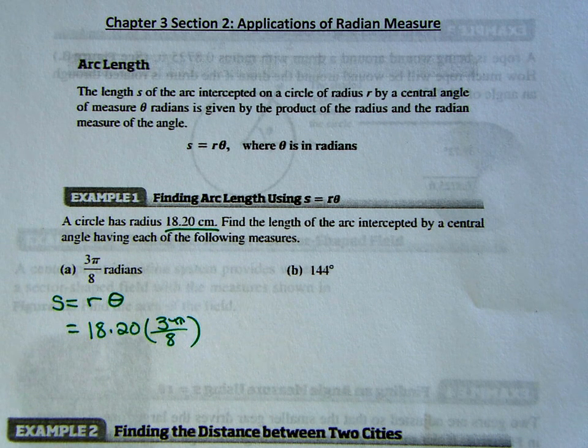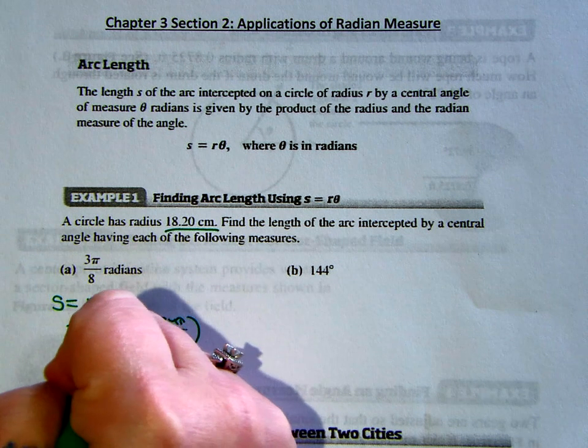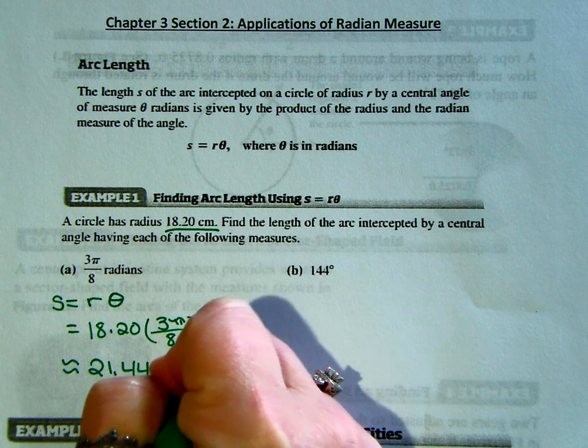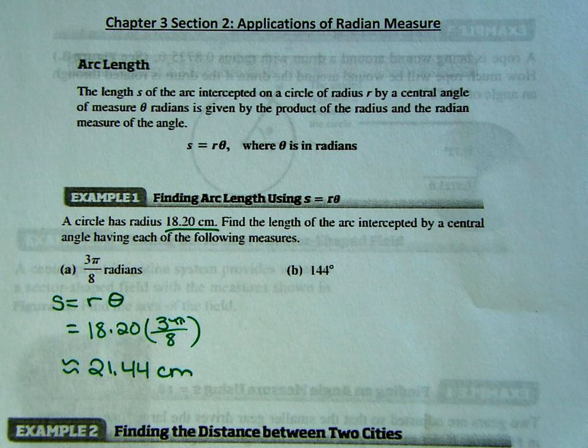Even though it doesn't specify, let's round it to 2 decimal places. So if you typed that in, you'd get approximately 21.44 centimeters is the measure of the arc length when the radius is 18.2 and you have a theta of 3 pi over 8. So not too bad. Pretty much a plug and chug style problem.